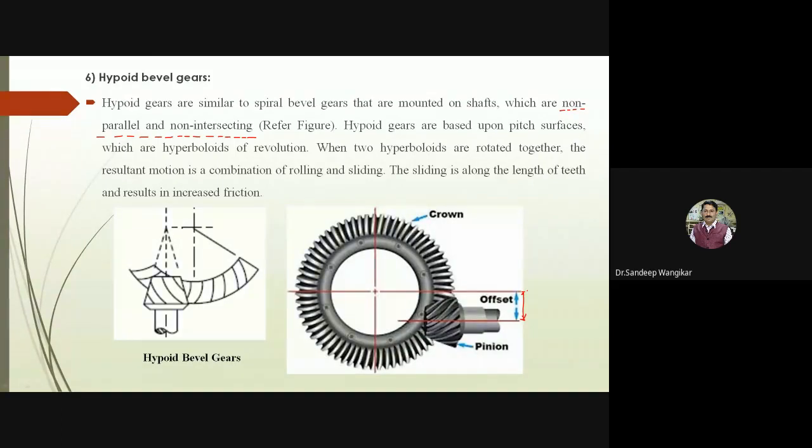The sliding is along the length of the teeth and results in increased friction. As there is sliding, there is friction. So here you can see in this case the non-intersecting, or here also you can see. This is the main, and if you take this, it is something like this. So non-intersecting type, and whatever the distance, it is already shown as this offset.